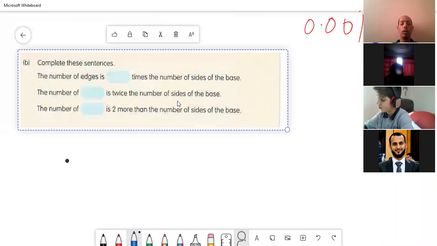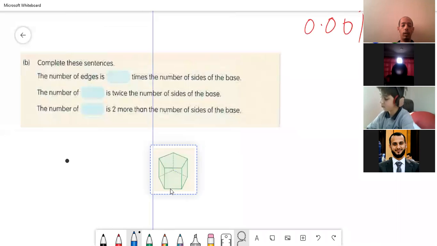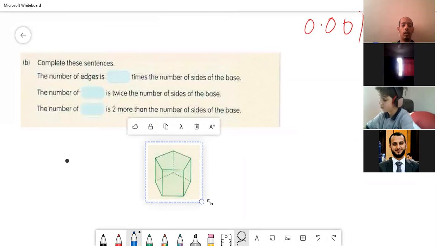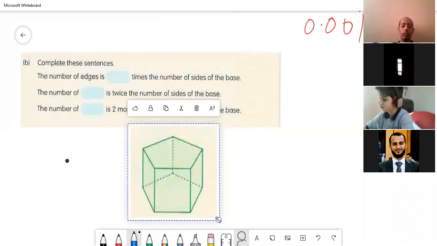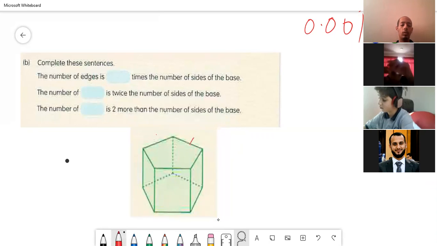For example, if you have this polygon, how many edges here? 1, 2, 3, 4, 5, 6, 7, 8, 9, 10, 11, 12, 13, 14, 15. 15 edges.